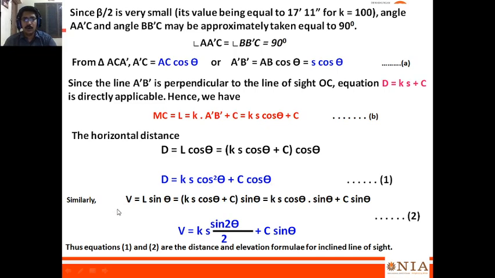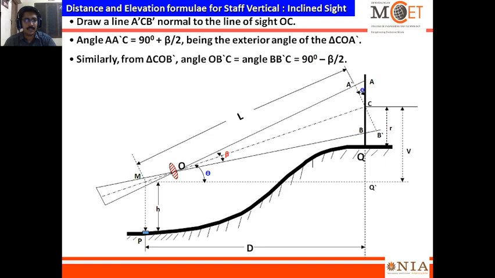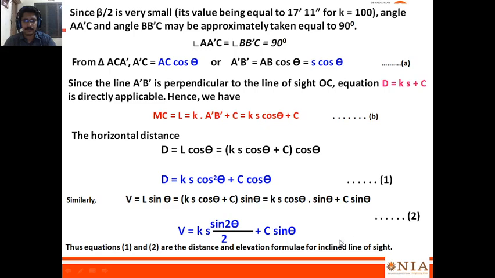So next we need to determine the vertical difference. How can we get the vertical difference? V, I require this V, so sin theta is equal to V by L, so V is equal to L sin theta. So L sin theta, and L you know, Ks cos theta plus C into sin theta.